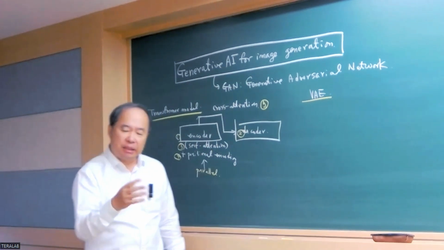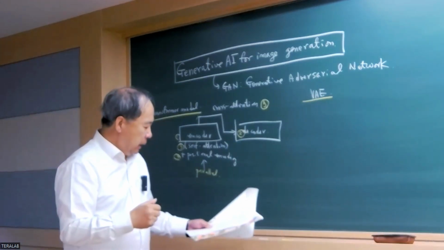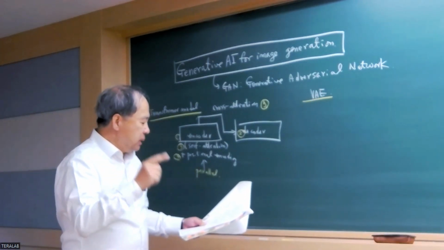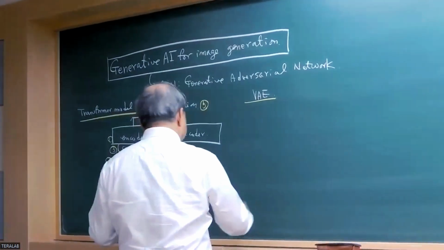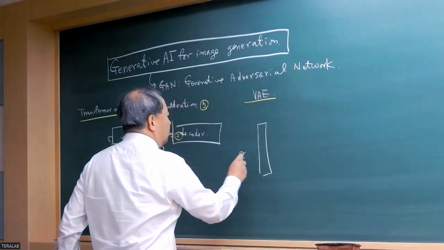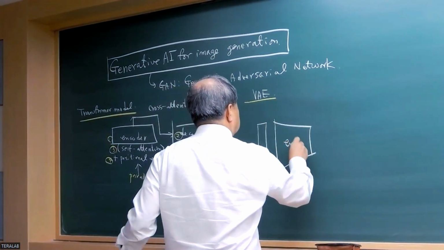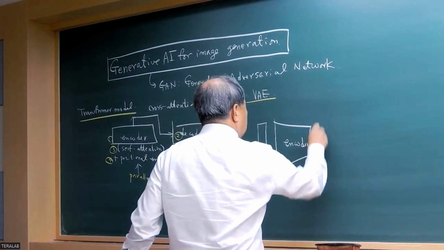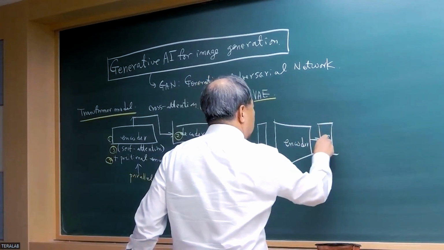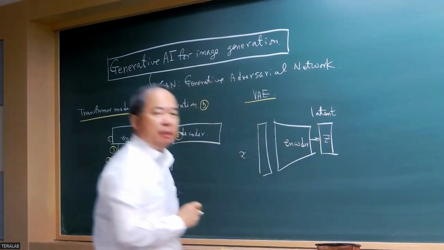I'm going to give you the architecture, loss function, and backpropagation. Specifically, in the case of variational autoencoder, we have an input vector and it has an encoder. And the output of the encoder is the latent vector G.